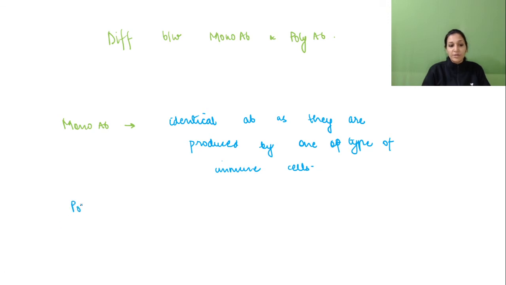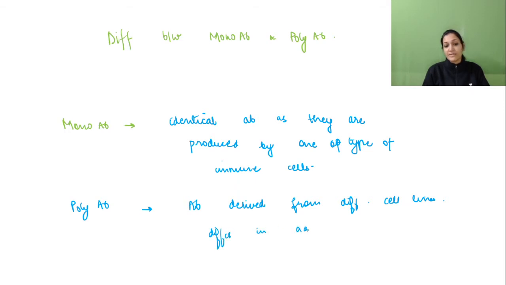After that, polyclonal antibodies. These are the antibodies that are derived from different cells, different cell lines, and they differ in amino acid sequences. So in monoclonal antibodies, the amino acid sequence would be similar, but in polyclonal antibodies, the amino acid sequence is going to be different.